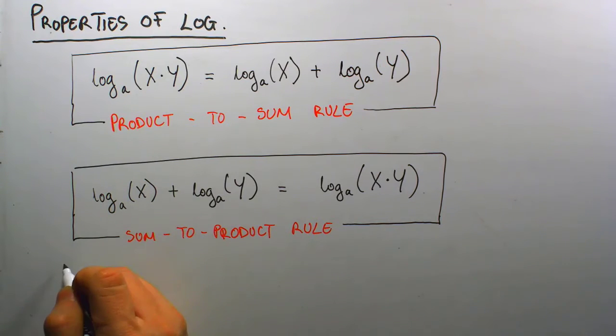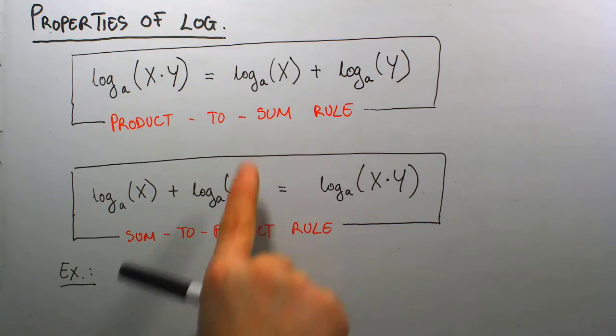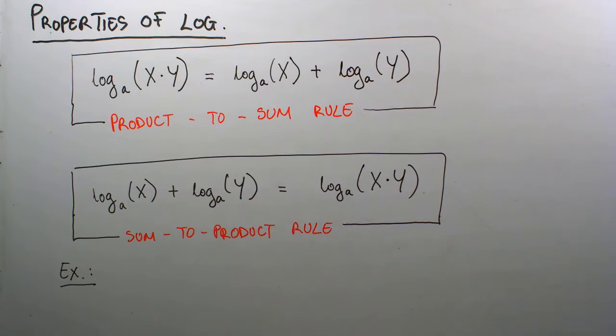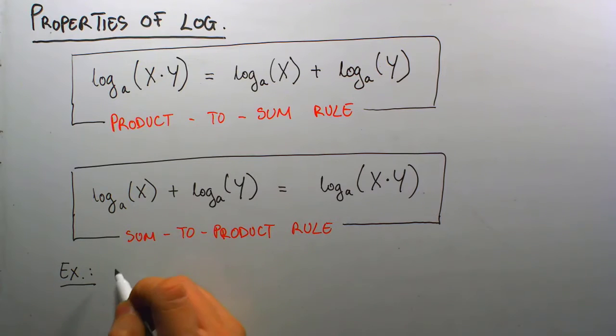Now to see how useful this property is: product to sum and sum to product are essentially the exact same rule. We can use it immediately in the following computation problem.